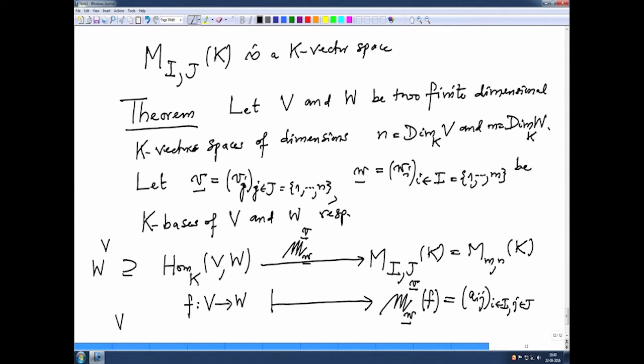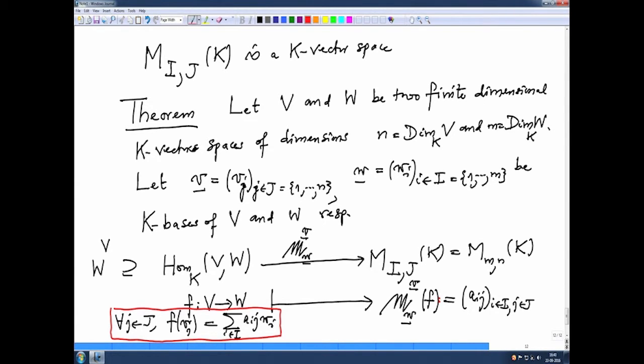For each j in J, f of Vj is summation Aij Wi, i in I. So this equation, there are a bunch of equations. They are J equations, as many as elements in J. These equations define this matrix. So we have a map.